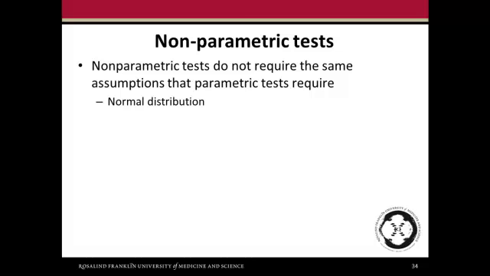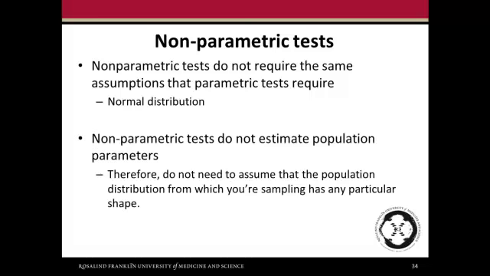In the case where the data do not follow a normal distribution, we can do what's called a non-parametric test. Non-parametric tests do not require the same assumption that parametric tests require, in particular the normal distribution. Because non-parametric tests are not used to estimate population parameters, we do not need to assume anything about the population distribution that we're sampling from.